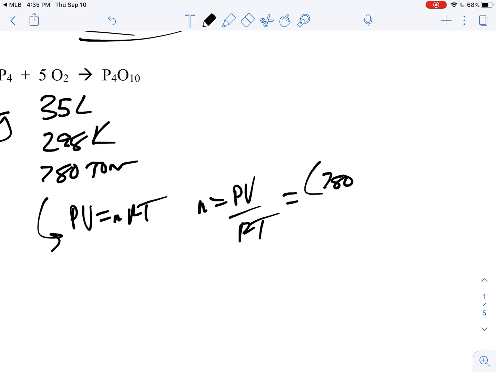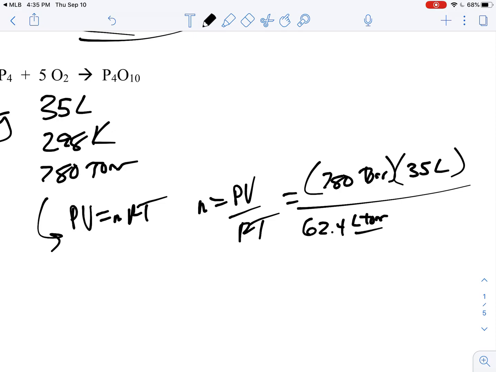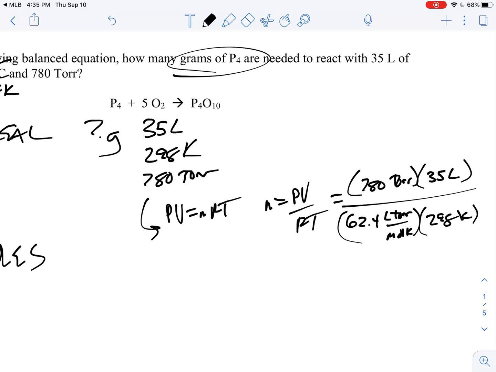So I'm going to go ahead and put in 780 for my torrs. And my volume is 35 liters, so I'm good to go there. Because I'm in torrs, I've got to use the 62.4, and that's liter torrs per mole Kelvin. And then the temperature is 298 Kelvin.